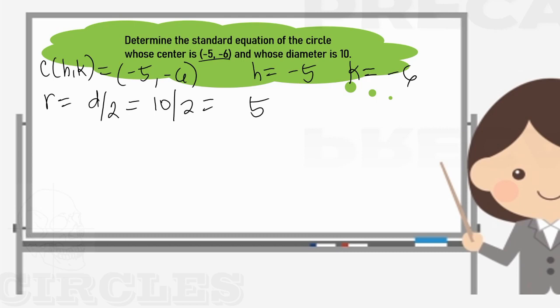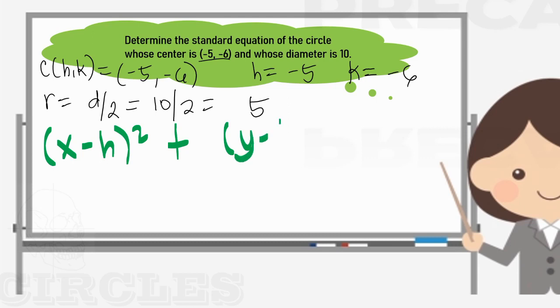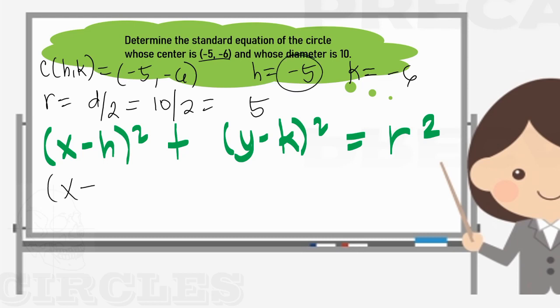So, again and again, yung standard form, x minus h squared plus y minus k squared is equal to r squared. So, medyo nakakaumay yung formula na ito, no? Then, direct substitution, x minus value ng h is equal to negative 5. So, magiging positive 5 siya.